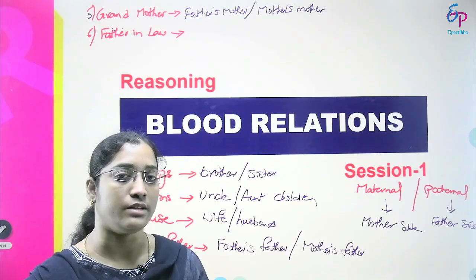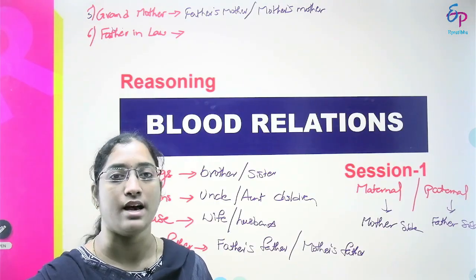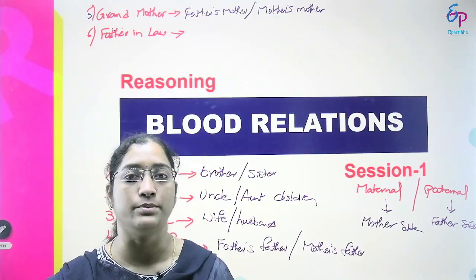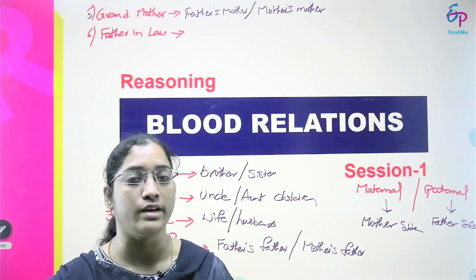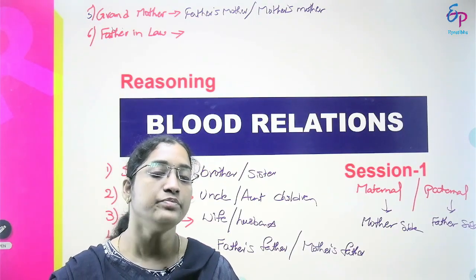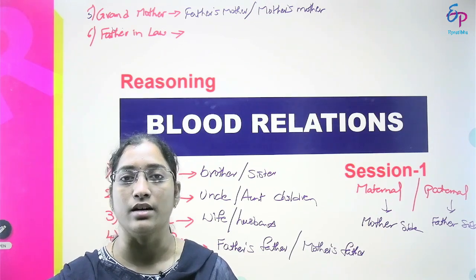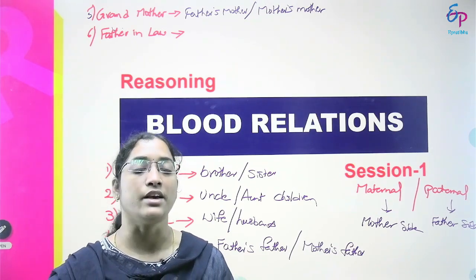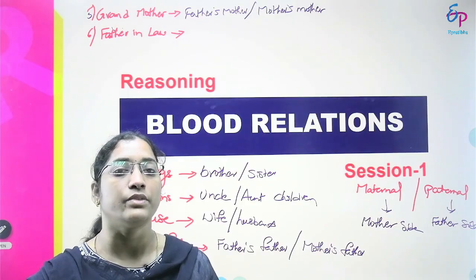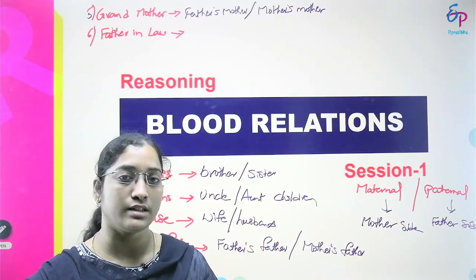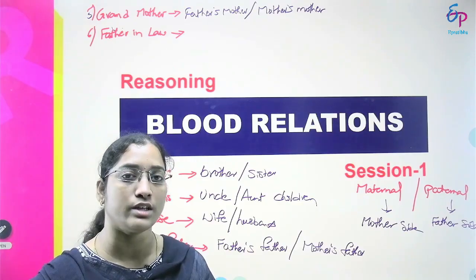If I am an unmarried girl, my mother's brother is my uncle and my father's brother is also my uncle, right? But when I get married, my husband's father is also my uncle, but that uncle is my father-in-law.